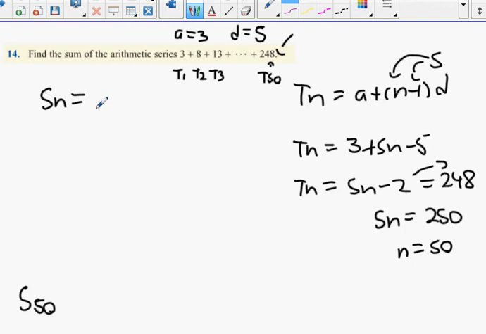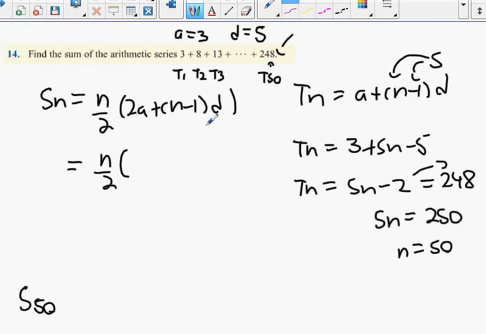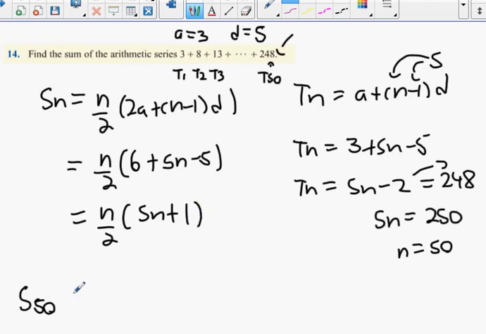Okay, you use the S formula that's in your tables. Once you do the S formula, what you're going to do is n over 2 into 2 times A being 6, plus n minus 1 times D, still being 5n minus 5 like it was last time. Then you're going to get n over 2 into 5n plus 1. We haven't quite answered it yet because we still haven't put in n equals 50.